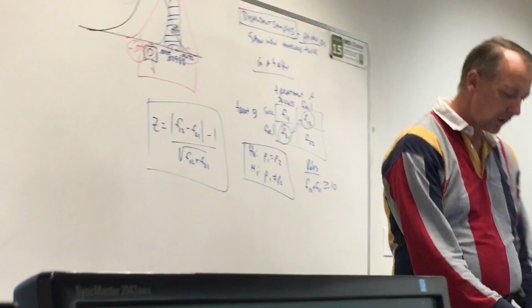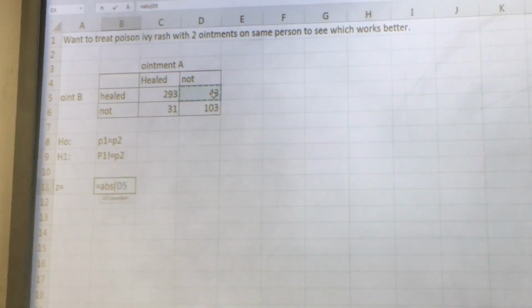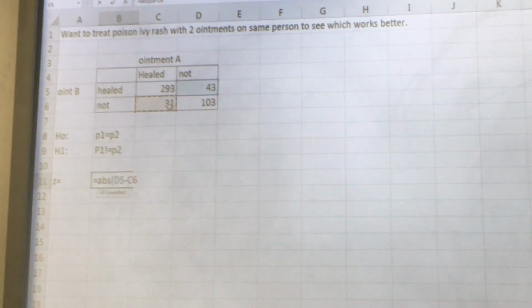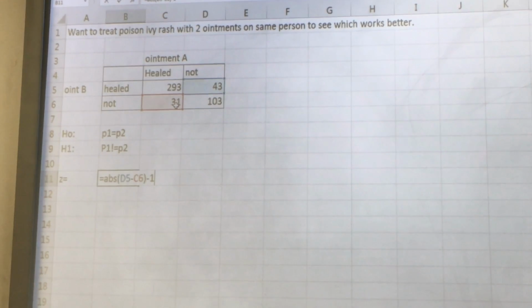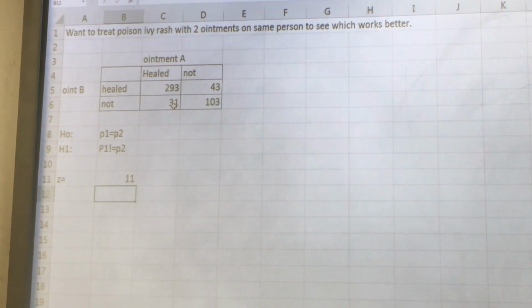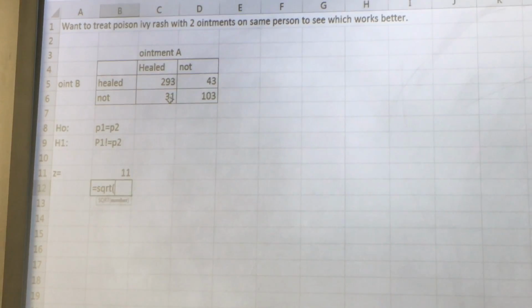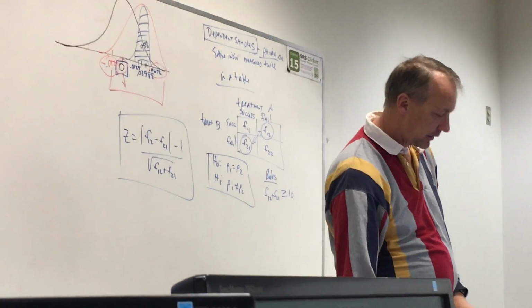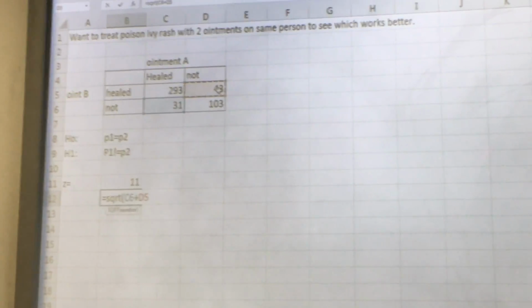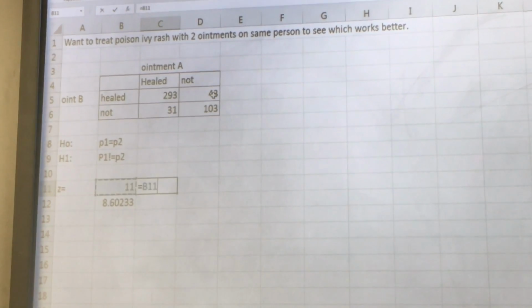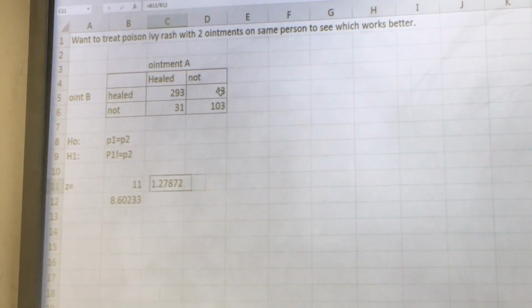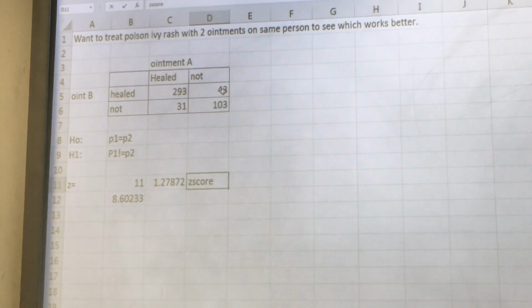So I want the absolute value of this minus that, minus 1. That's your numerator. Your denominator is going to be the square root of this plus that. I'm going to divide those two numbers. That's going to give me my z-score.